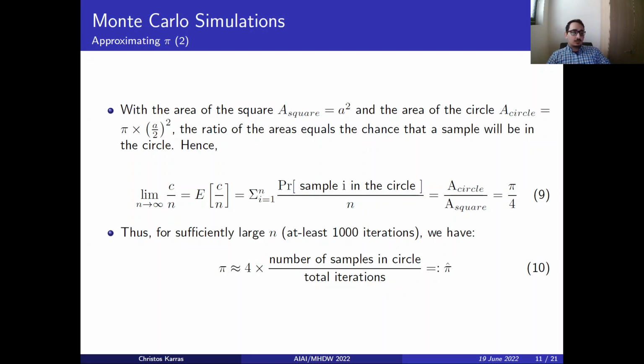This will give us an approximation to the number pi. For a sufficiently large n, which is the number of samples that we draw, at least 1000 iterations, we have this approximation where the value of pi is close to 4 times the number of samples inside the circle divided by the total number of samples. This gives us the approximation pi hat, which is the value of the number pi.